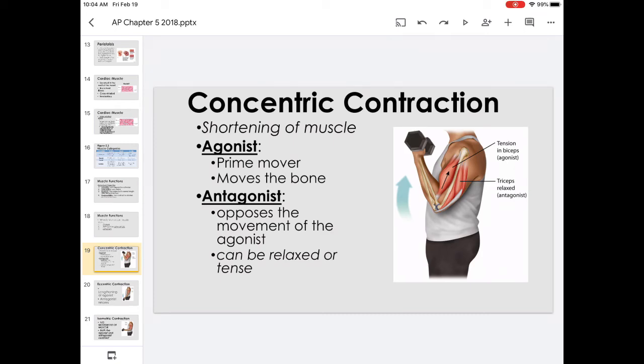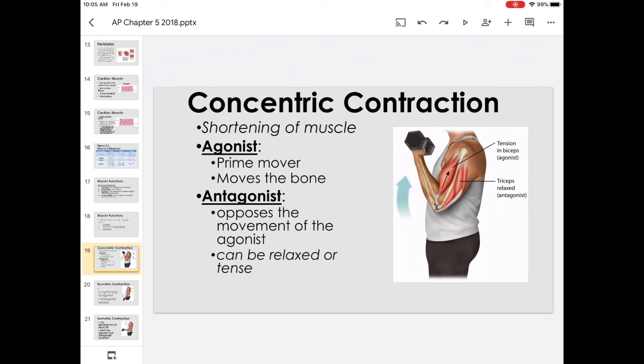There are two terms that go with this. You have your agonist and your antagonist, kind of like in English, right? Your agonist is going to be your main mover. This is the muscle that you're really focusing on to move. And then you have your antagonist, which is going to go in the opposite direction of your agonist.